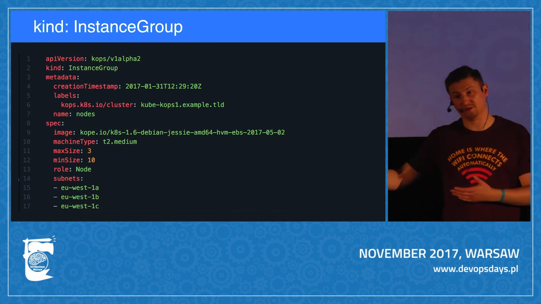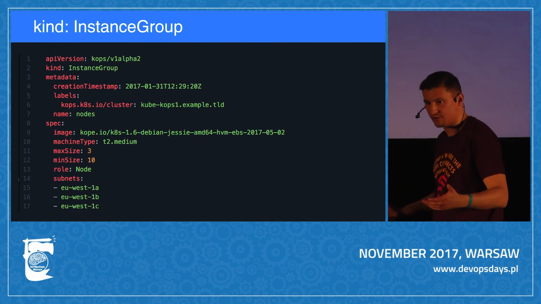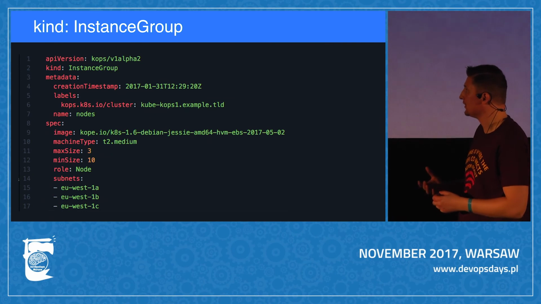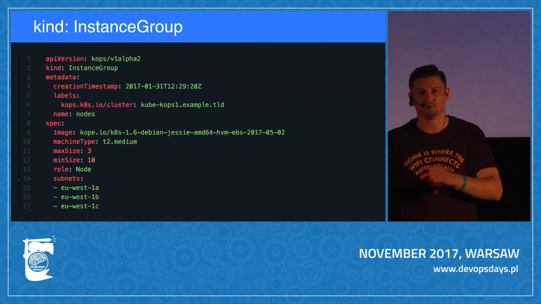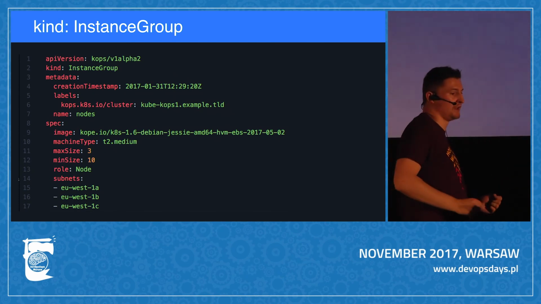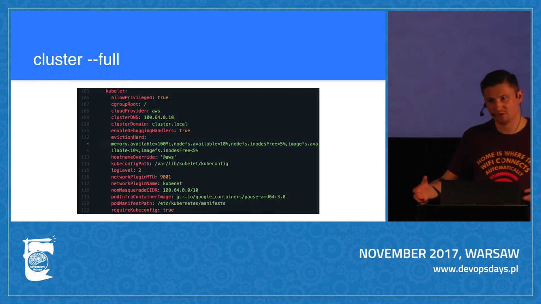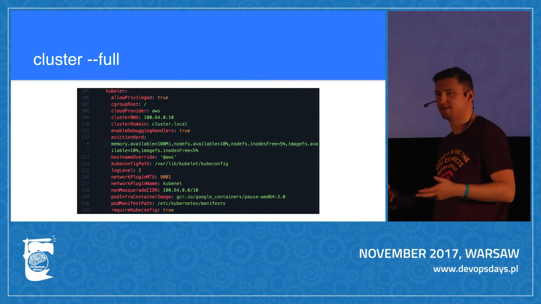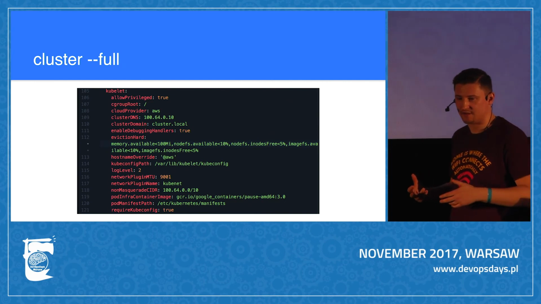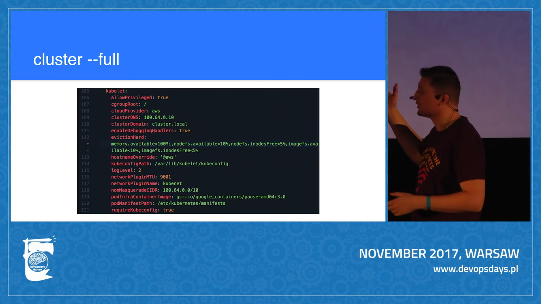We can have multiple instance groups, for example, if you want different nodes with different machine types, like more compute optimized or more network optimized. We can also, with the parameter --full, get advanced functionalities of the components of Kubernetes, like the mentioned kubelet.